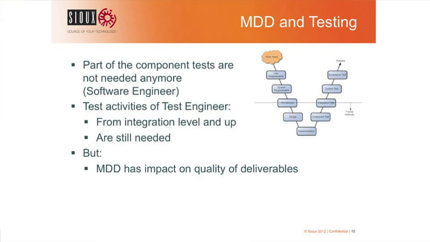That's not the idea. The component tests, at least the white box part of the component test, is not needed anymore. On the other hand, of course, the model can still be incorrect in a functional way. So probably you will want to review this model or even test it. And we did that in this project. We spent a lot of time reviewing those models.